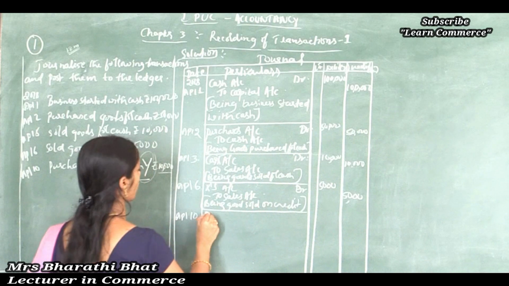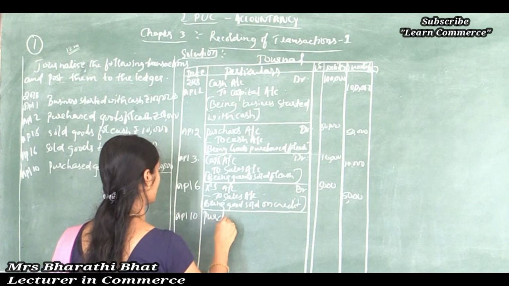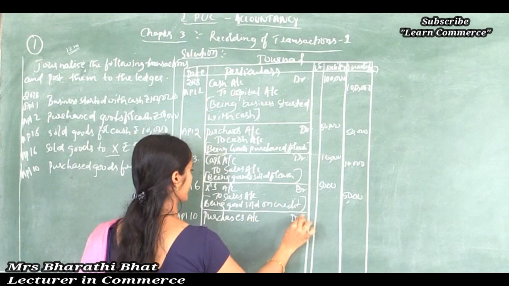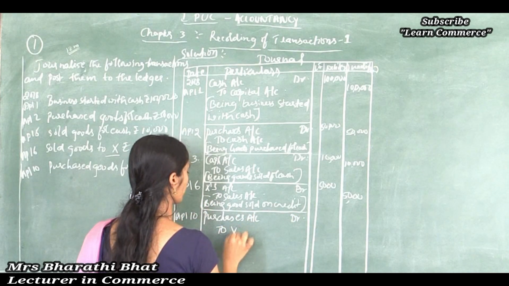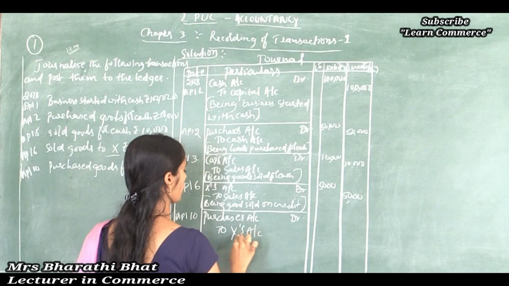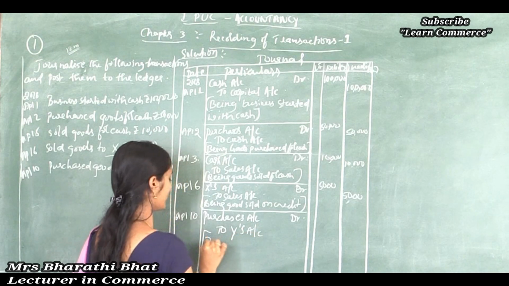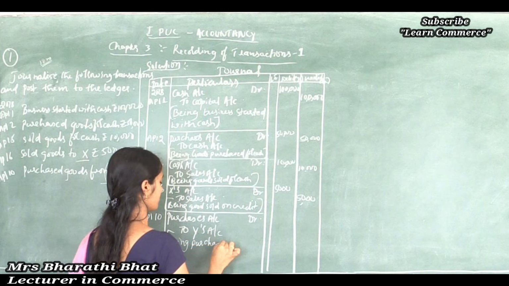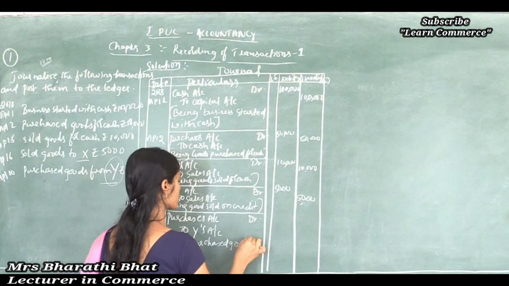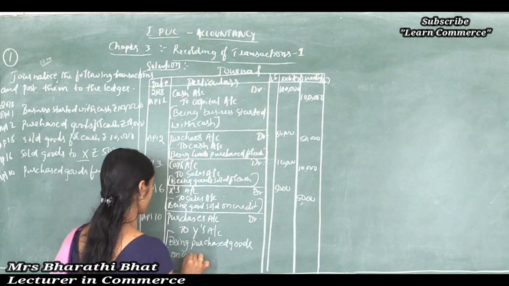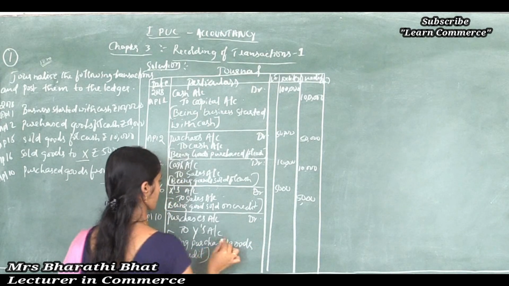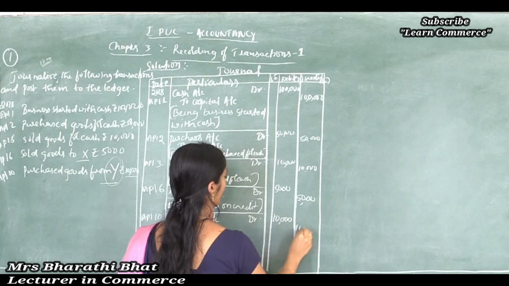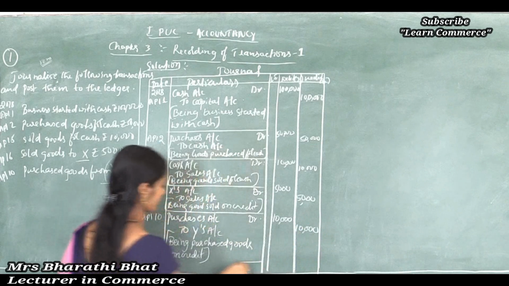Correct, right? So here purchases account debited to Y's account, being goods purchased on credit, 10,000 and 10,000.